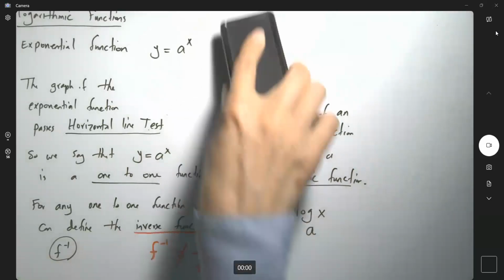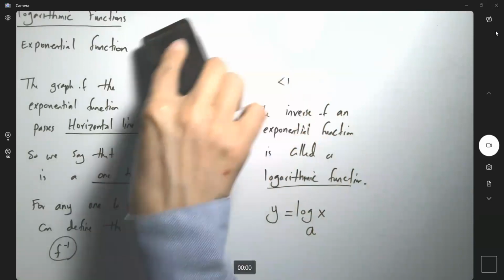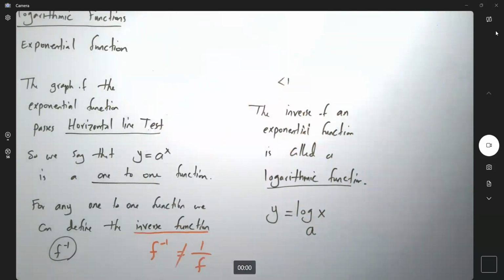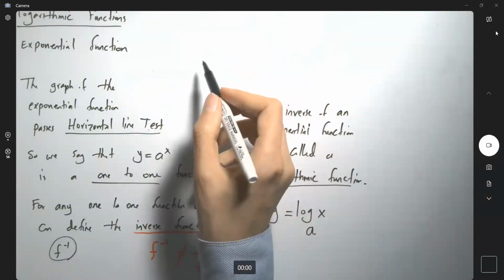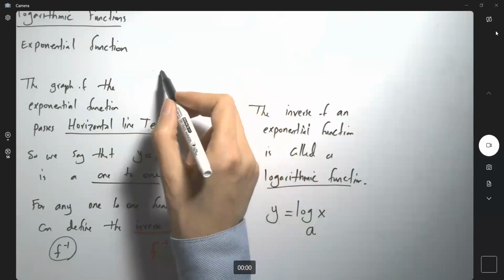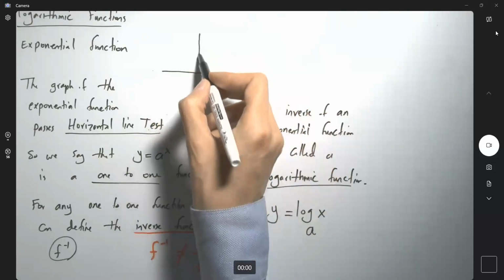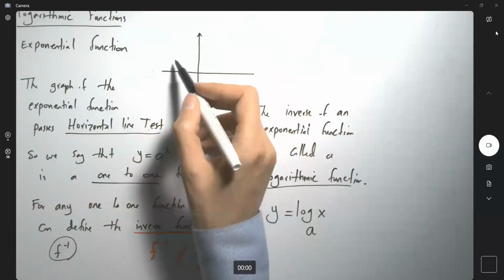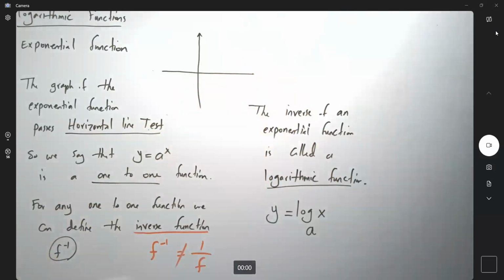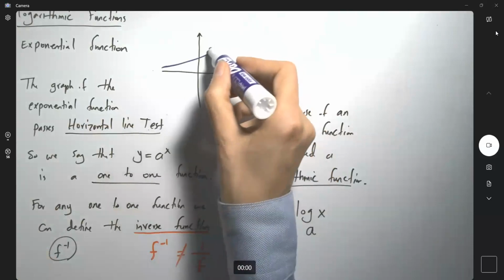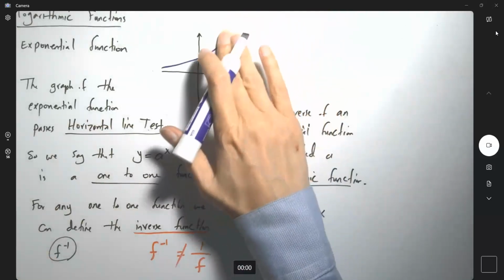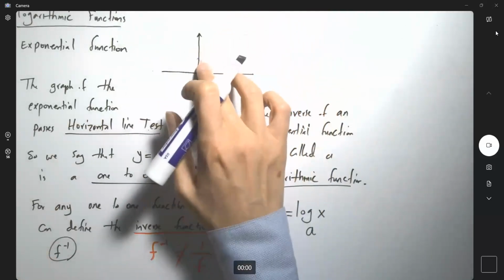If you have exponential function, you can easily graph its inverse or logarithmic function. So here you have, for example, an exponential function like this, 2 to power x. I don't like the graph, it's very sharp here.